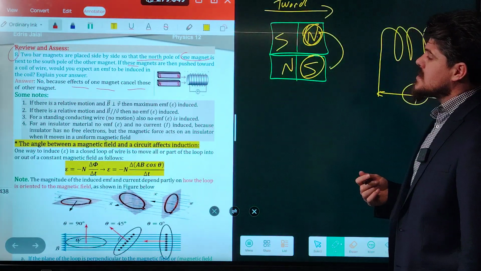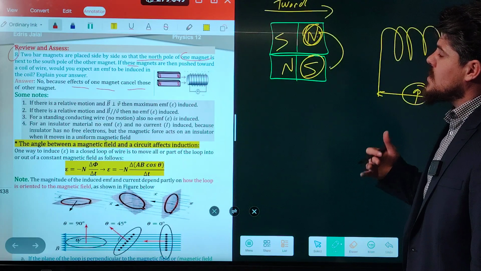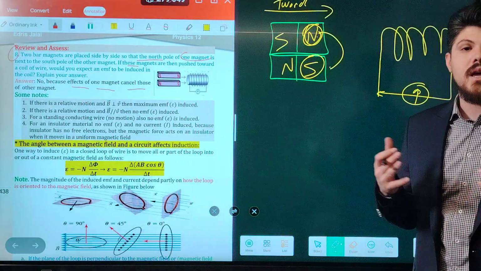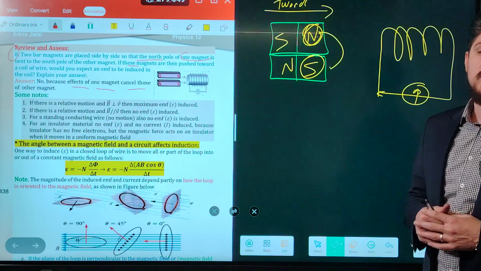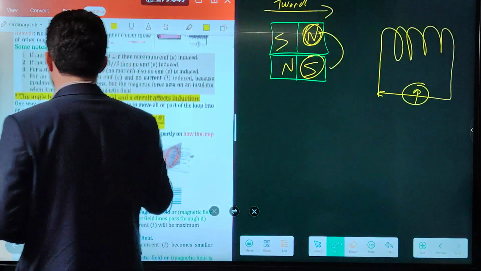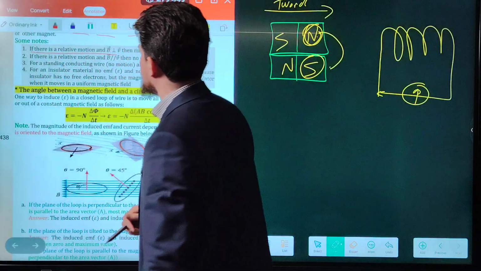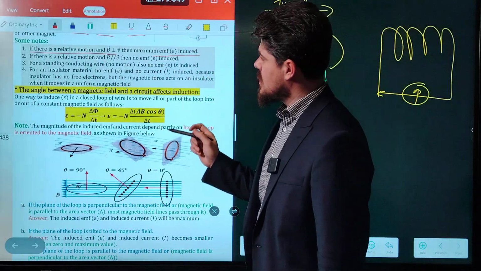But sometimes a student asks, what about if the two magnets are located side by side with the same pole? Yes, by pushing the magnet, a current and induced EMF are created in the coil. If there is a relative motion and B is perpendicular to the motion of the wire, the maximum EMF is induced.